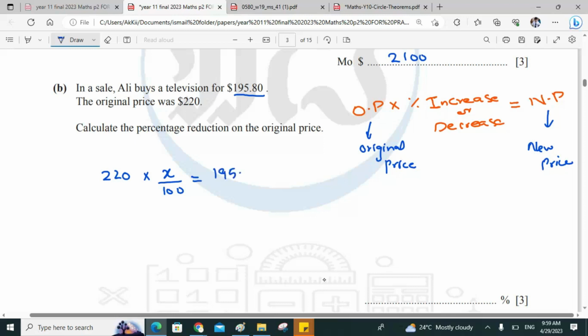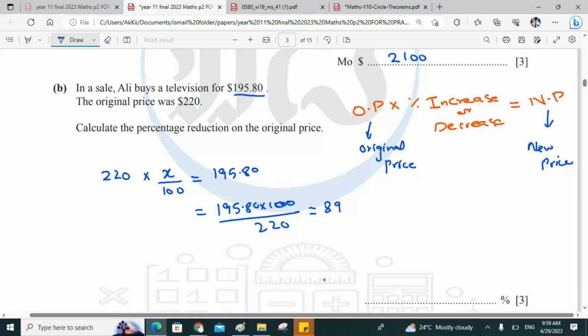195.80. So you simply solve this. It will be 195.80 multiplied by 100 divided by 220. 195.8 multiplied by 100 divided by 220, it is 89, right? This will be equal to 89.